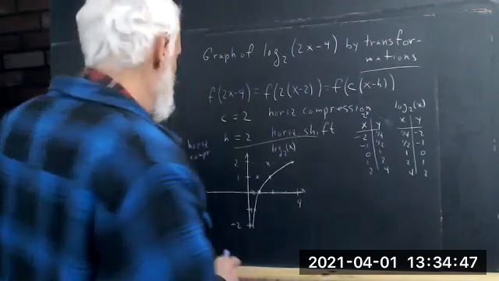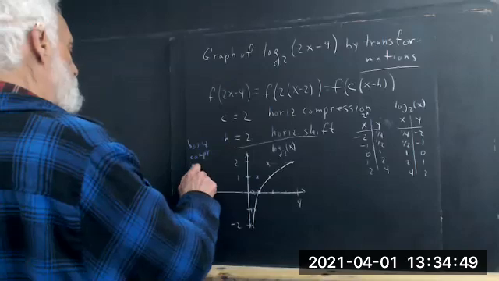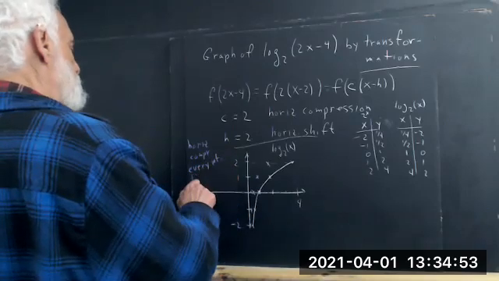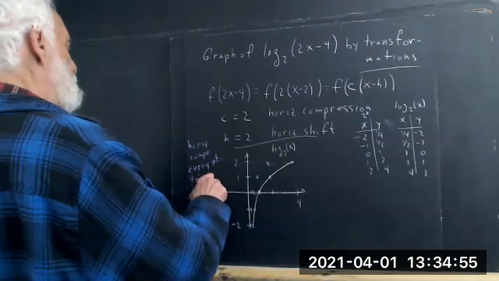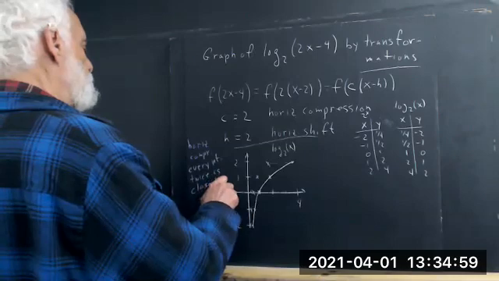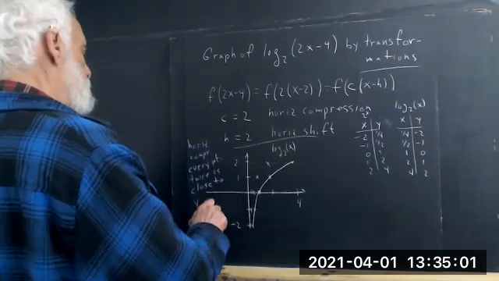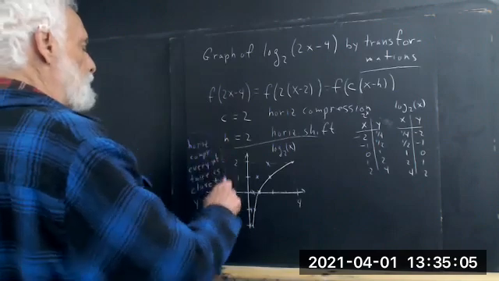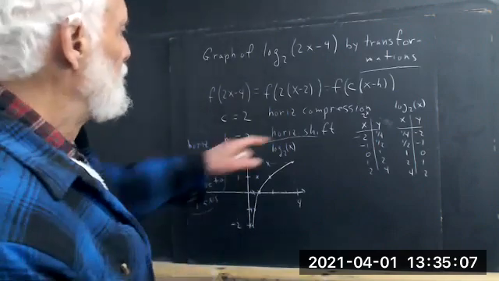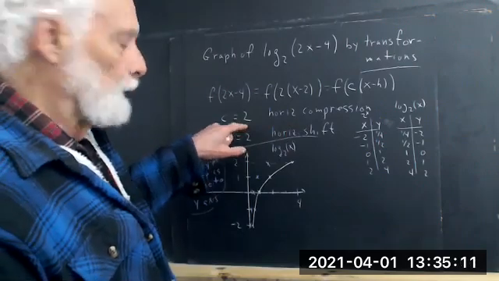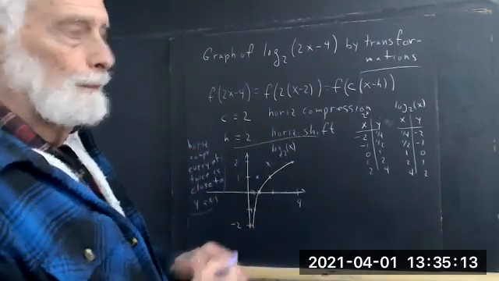Horizontal compression, every point becomes twice as close to the y-axis. Now that's because your compression is by factor 2. If this was 3, they'd become 3 times as close.